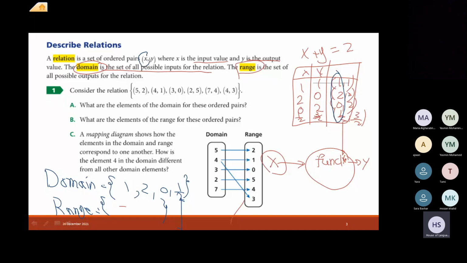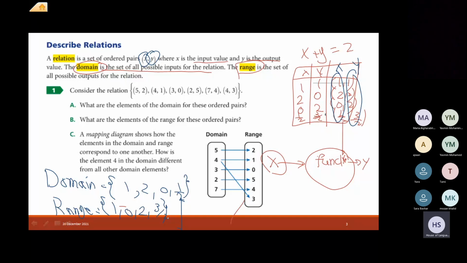The first one must be x, and the second one must be y. Now, where is the y here? 0, 3/2. So 1, 0, 2, 3/2, these are the y values.